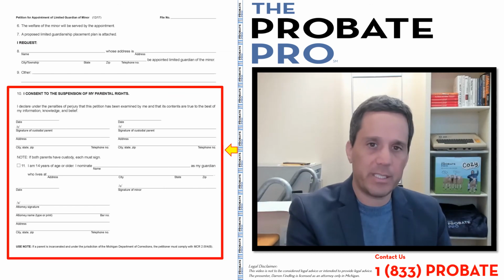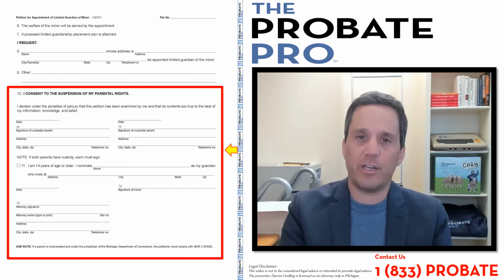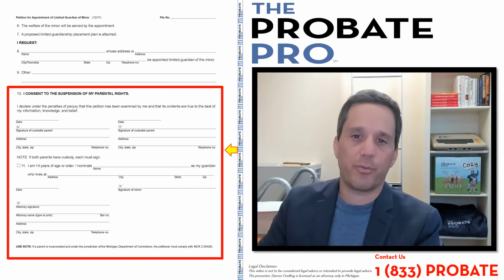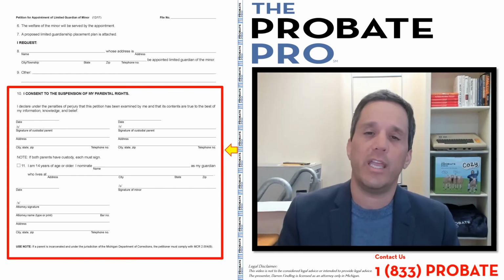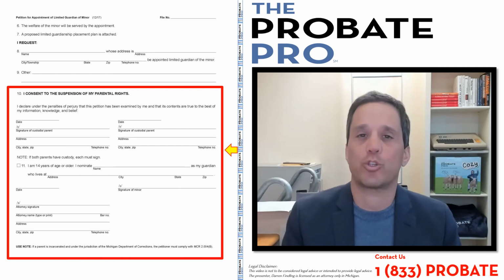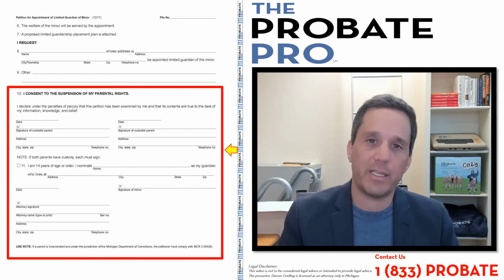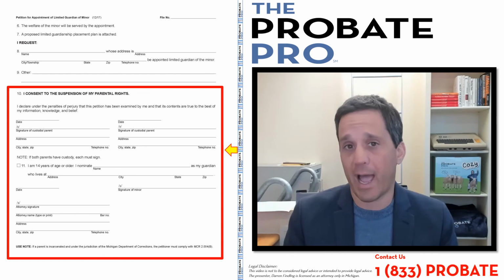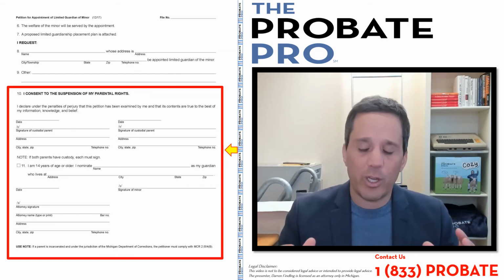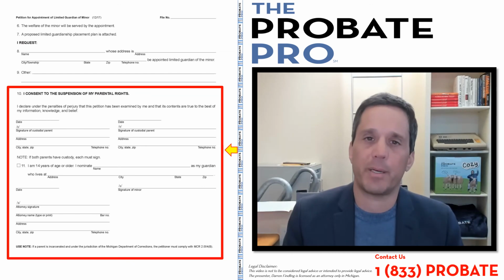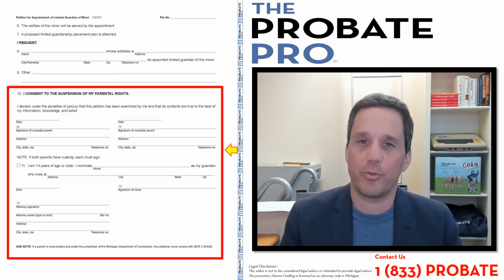Again, it goes from petition to notice of hearing and service through court order. And it's the order in which the court has made the determination of whether a limited guardianship is appropriate or not. Again, we urge you to be working with a skilled, competent probate lawyer to guide you through these procedures.